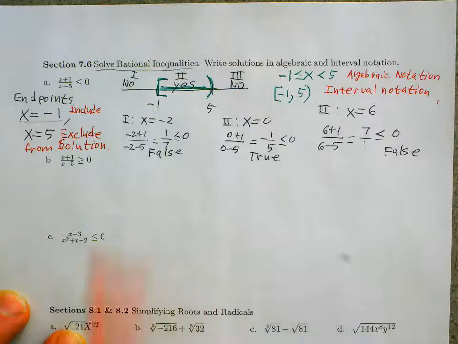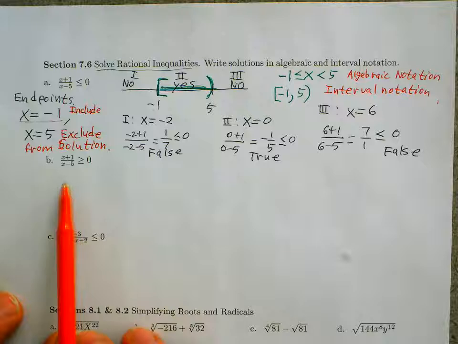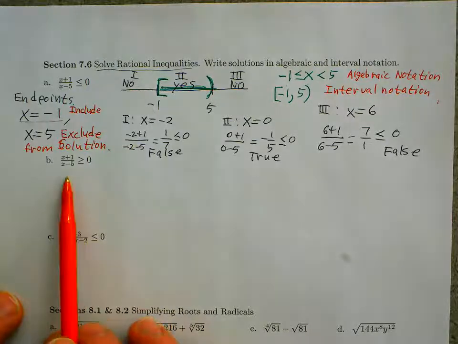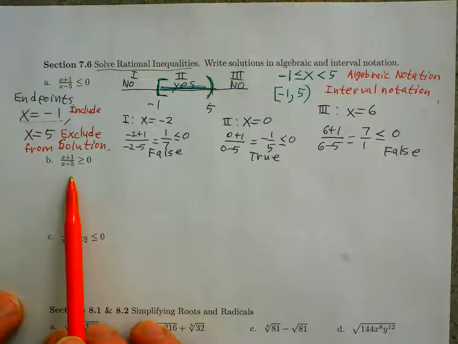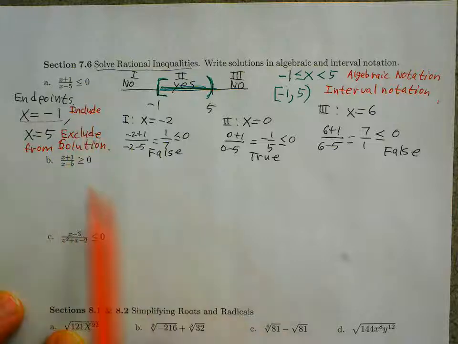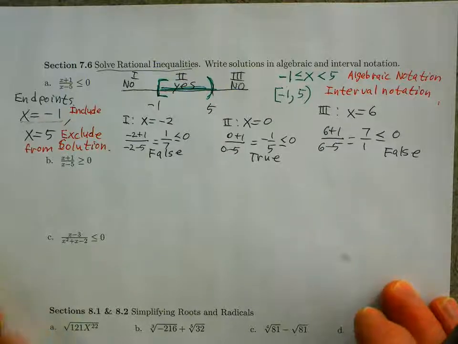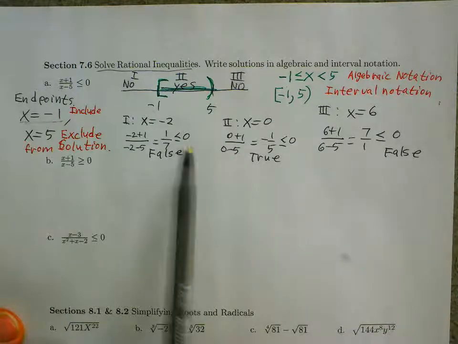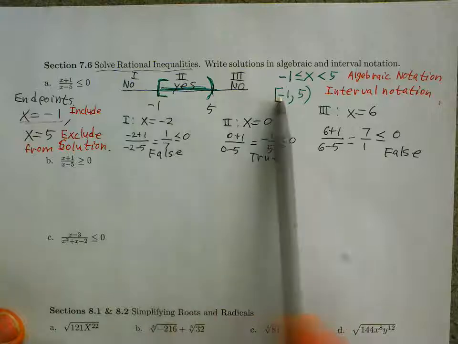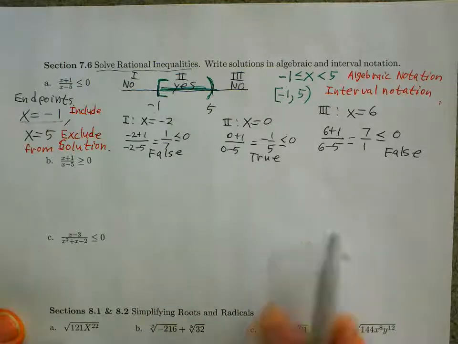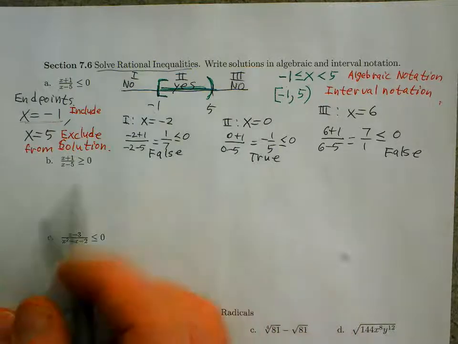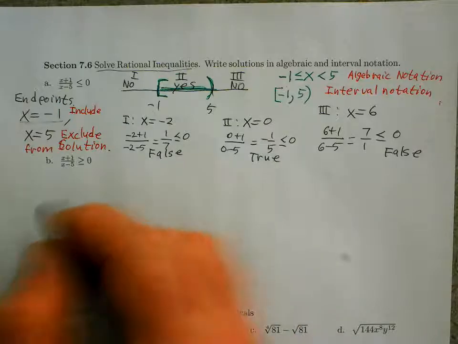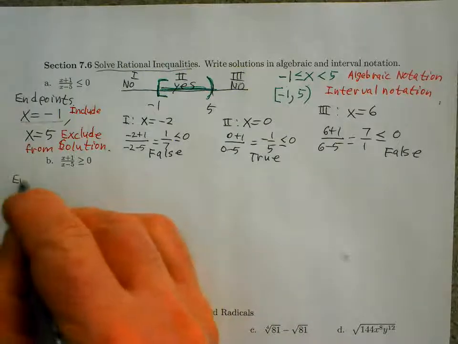All right, the next inequality, the only difference between the inequality in part B from part A is that this time it's greater than or equal to 0. So we've done a lot of the work already. The endpoints are still the same.